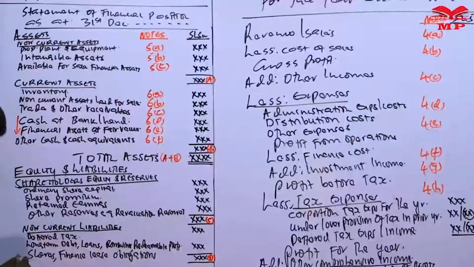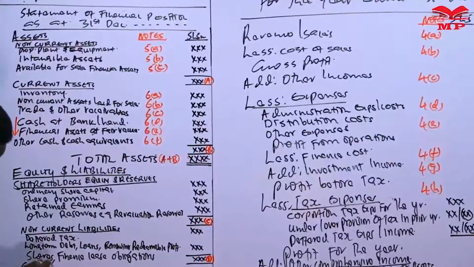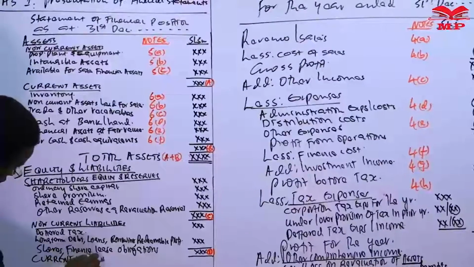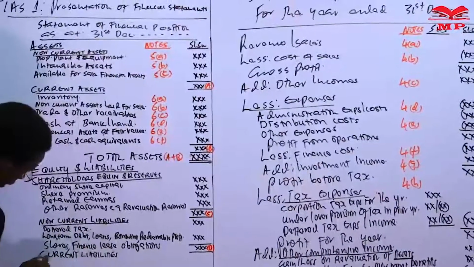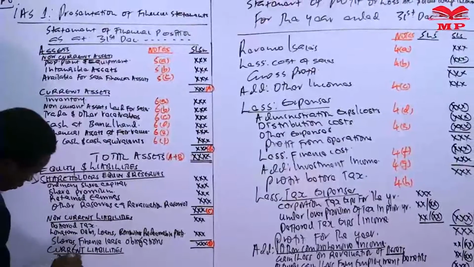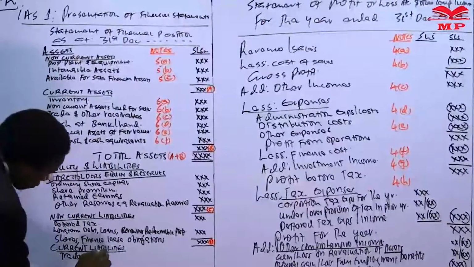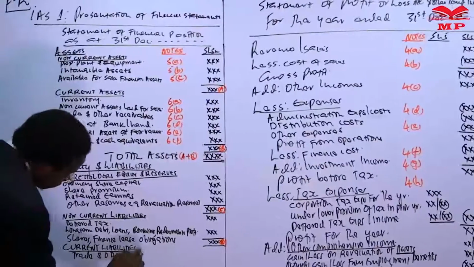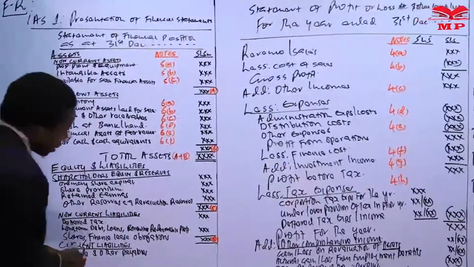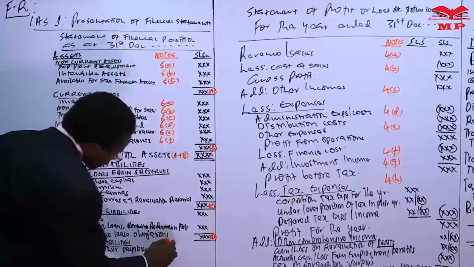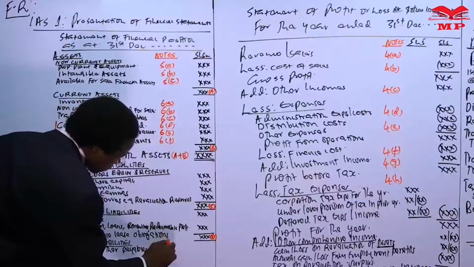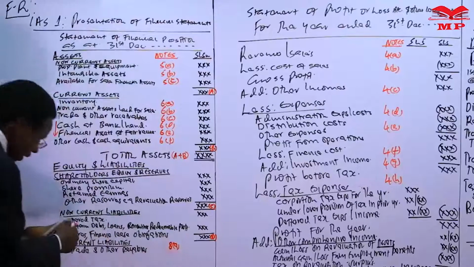We'll also have current liabilities. Current liability, friends, will be, we have the trade and other payables. Now, some of these will also be having a note. Maybe we have a note of 6. Let me not call it 6. Let me call it 7 or 8, 8A, something like that.